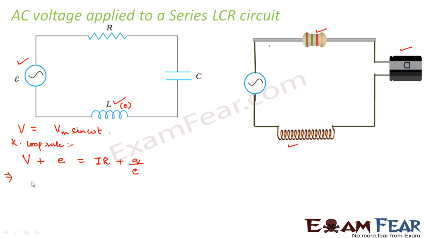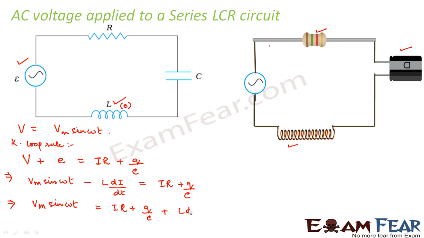So we can write V as Vm sine omega t. What is my self-induced EMF? That is nothing but minus L di by dt. The minus sign follows from Lenz's law. So this is equal to IR plus Q by C. We can write Vm sine omega t is equal to IR plus Q by C plus L di by dt.